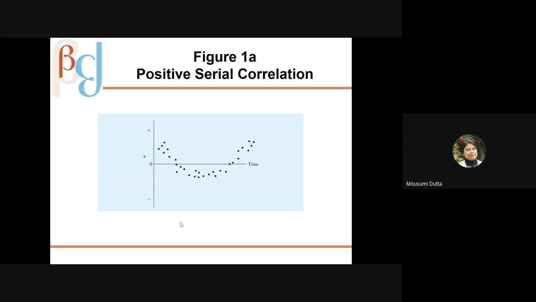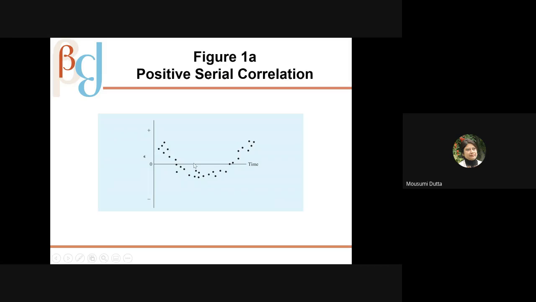Let's check this with the help of these diagrams. Here, if you consider two observations sequentially, you will find they are moving in the same direction. Sequentially, the observations are moving in the same direction, then at a point they turn to the other direction. However, subsequent observations follow a similar nature.